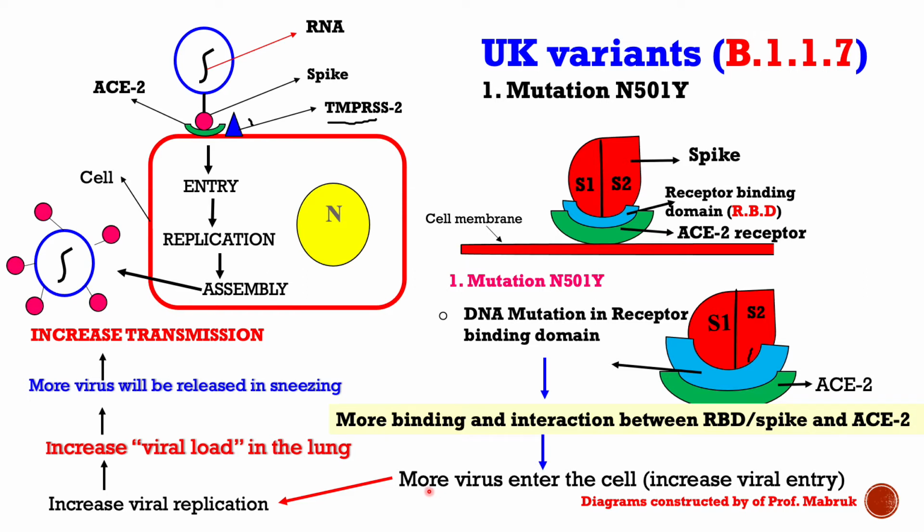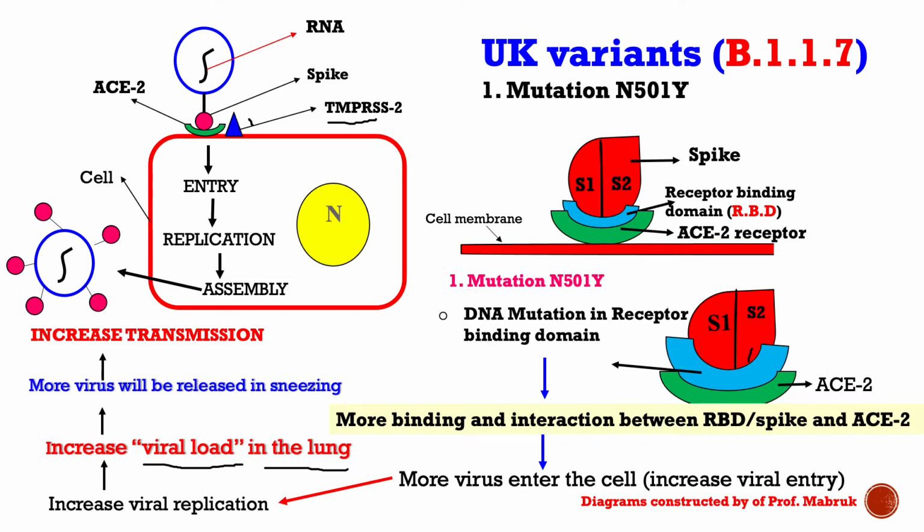Now, because more virus enters the cell, what does that mean? This will result in an increase in the replication of the coronavirus COVID-19 inside the human cell, which means that it will increase the coronavirus COVID-19 viral load in the lung, or in the pneumocyte cells of the lung.